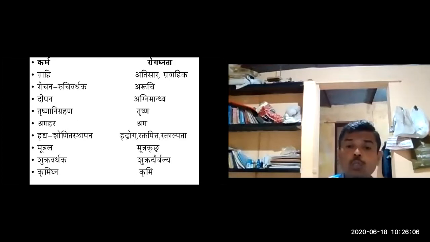Hrudya, that is Shonita Sthapana Karma, indicated in Hrudroga, Rakta Pitta, Raktalpata conditions. It also has Mutrala and Mutra Kruchra Karma, Shukra Vardhaka, for Shukra Dourbalya, and Krimighna Karma, indicated in Krimi.